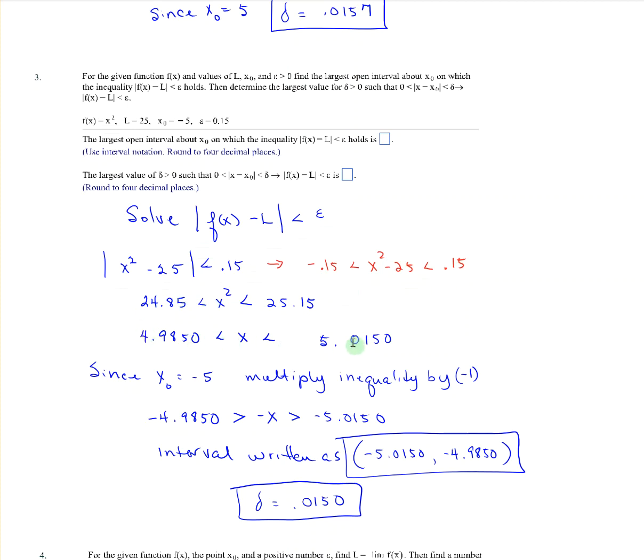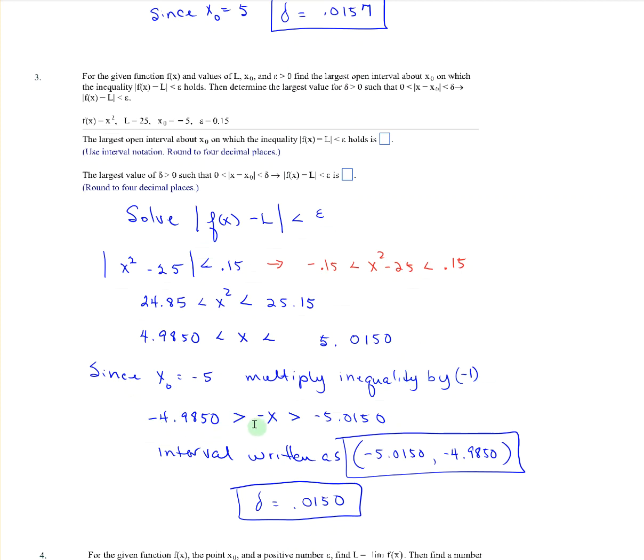So now we have this. This is our interval. But since x sub 0 is negative 5, we're going to multiply the inequality by negative 1 because we need to have that. When we do, we have this, and what we have to notice is that our symbol changes.